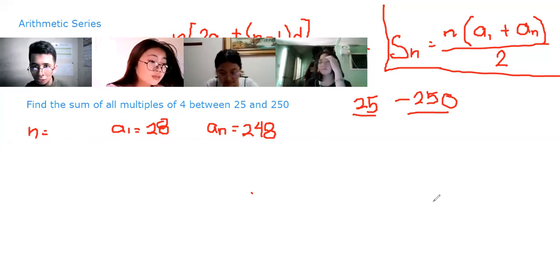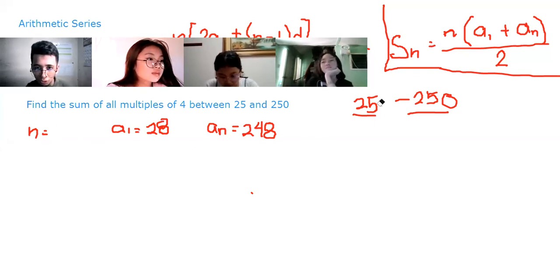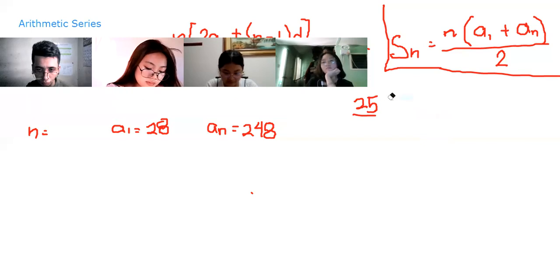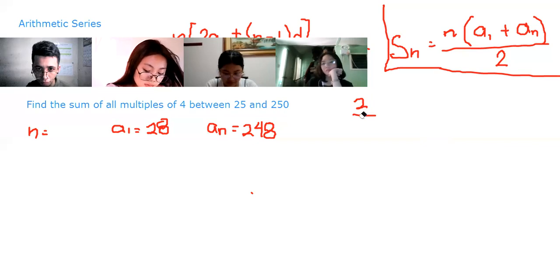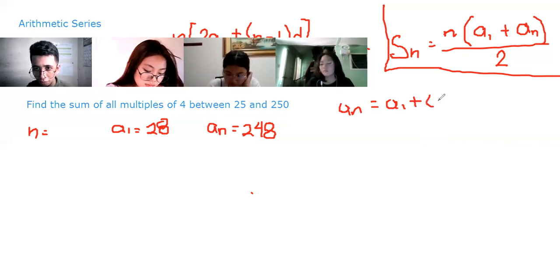So, kuhanin natin yung ating arithmetic sequence. Arithmetic sequence formula natin. So, that is a sub n. A sub n is equals to a sub 1 plus n minus 1 times d.